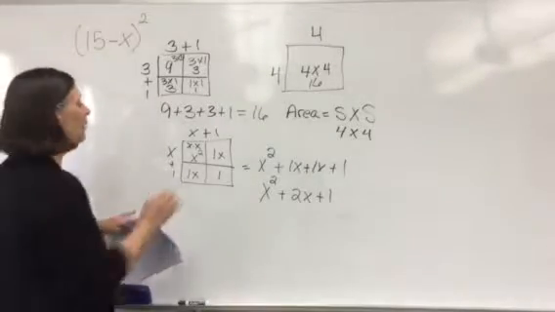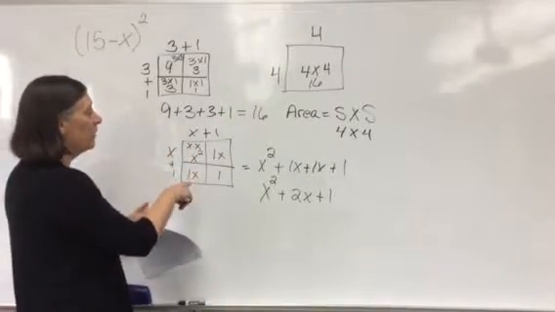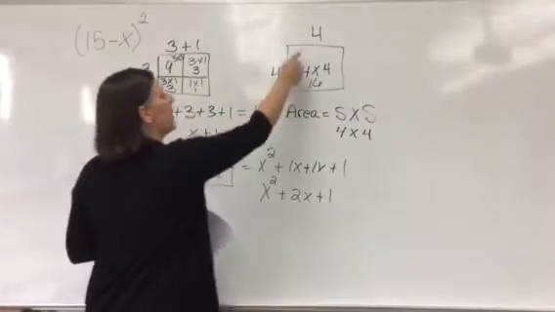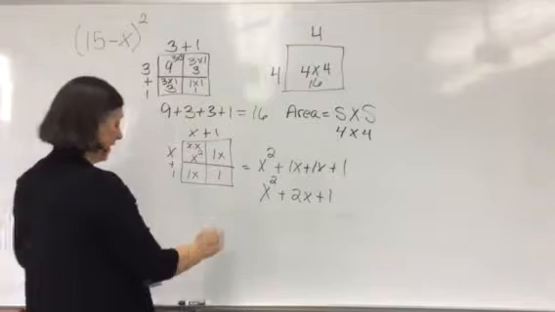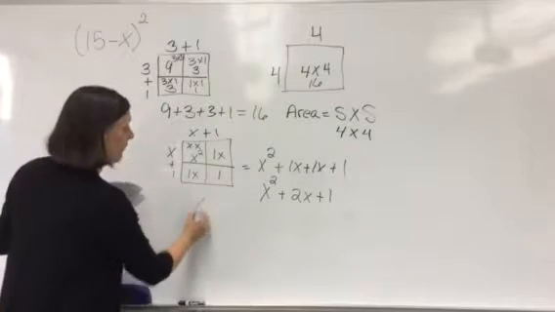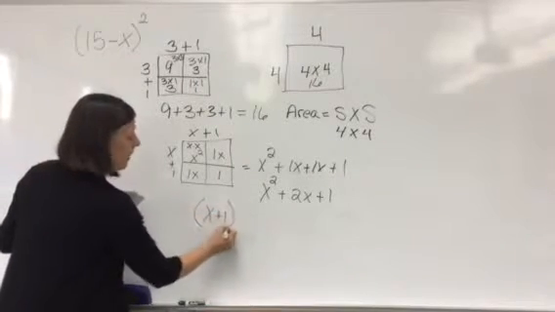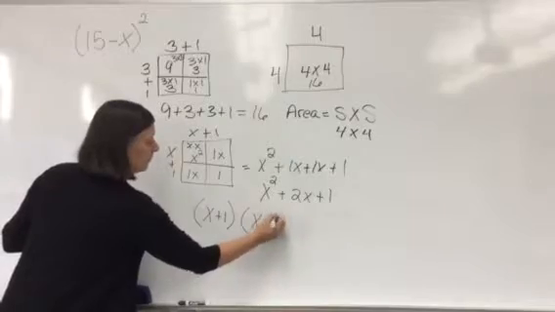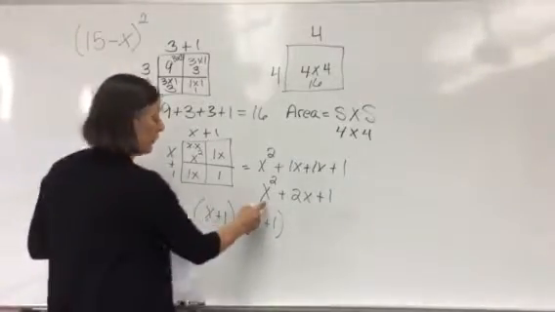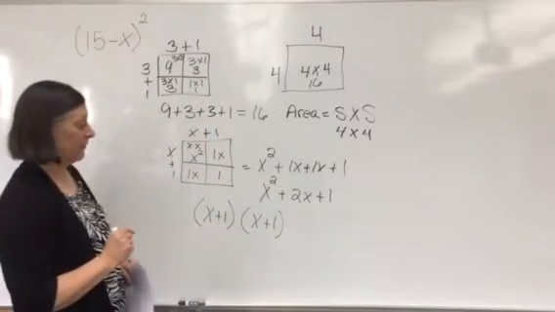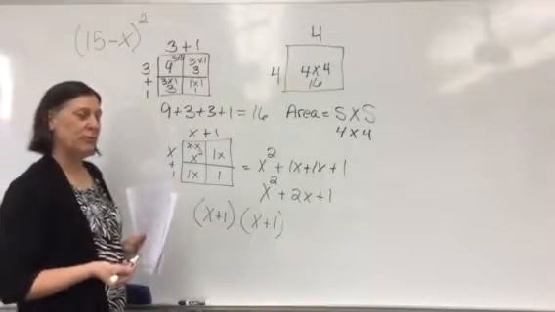So let's back up and look at this algebraically. We know over here that this was side times side. So here we have the same thing going on. We have side times side. And when we're done with this expression, we hopefully will have this. It's called distributing.